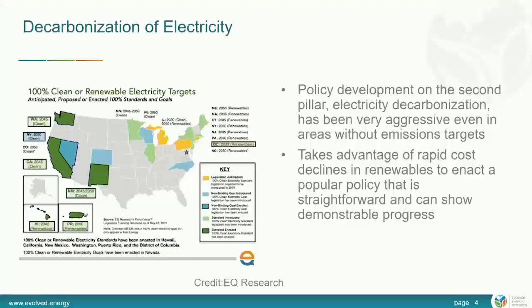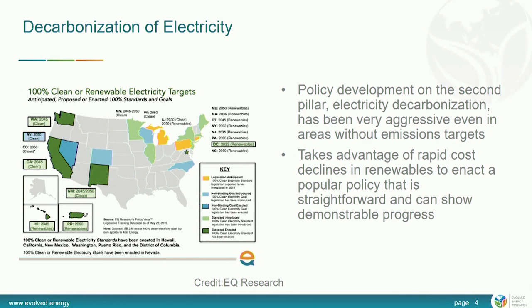So this is a map of a country that refers to natural gas as freedom gas, but it also is a country that has 100% clean or renewable goals in quite a few jurisdictions. 100% clean electricity is a fundamentally, obviously, different system than we have today.